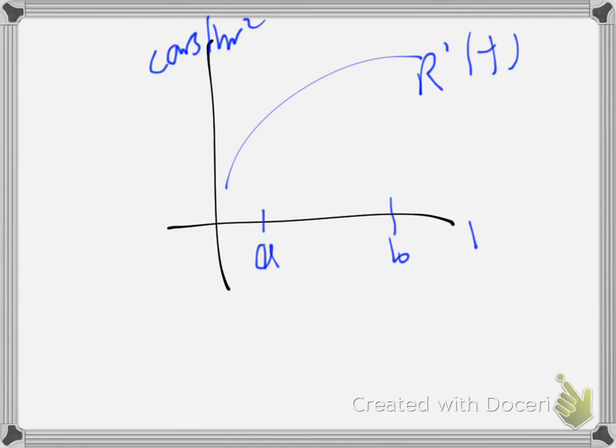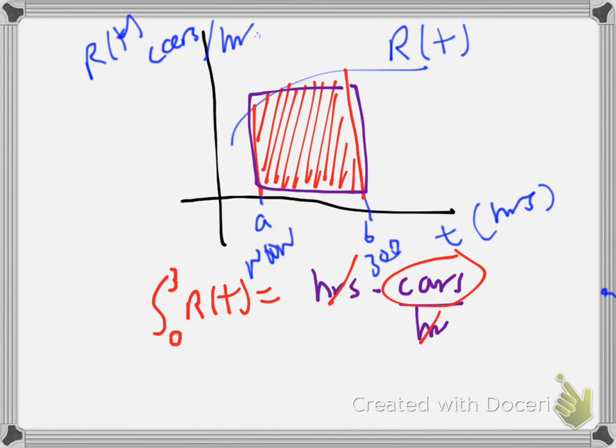And this is the hours. Okay, so t is in hours. R prime of t is the derivative, or the rate of change of the rate of change. So r prime of t, if we look back here, the derivative r prime would be change in y, cars per hour, as we talked about in the last video.